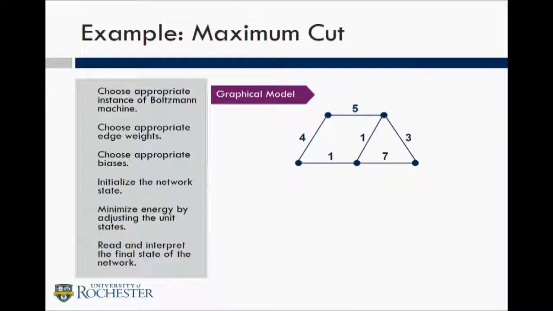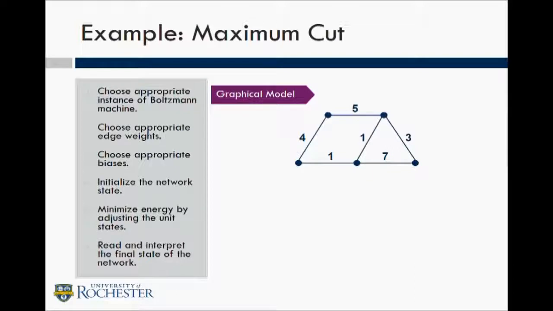I just picked one particular example that's rather simple to explain in a couple of minutes. And this is the problem of maximum cut, a classical problem where we're given an undirected graph, and our job is to partition this graph into 2 subgraphs such that the sum of the edge weights for those edges that go from one subgraph to the other is maximized. So we're going to try to find a cut whose total edge weight is maximum.